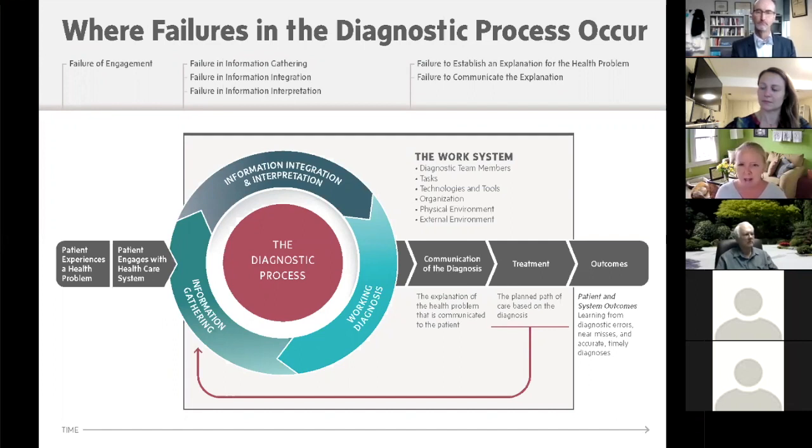And probably because I work in health policy and have been in this space for a long time, I'm very mindful of whether there were system pressures on him. Something like doing the surgery inpatient versus outpatient. Was his decision more rooted in he's going to get in trouble, or there's going to be a review of why was this inpatient when it was only a quote unquote simple surgery? So I think there's a lot of pieces in the information integration and interpretation part that really resonate with me.